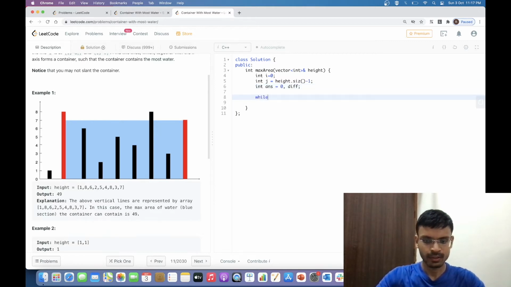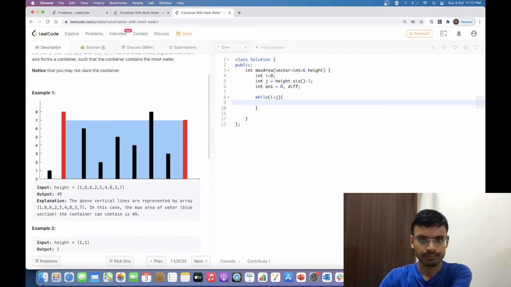So we can run one loop, till i is less than j.